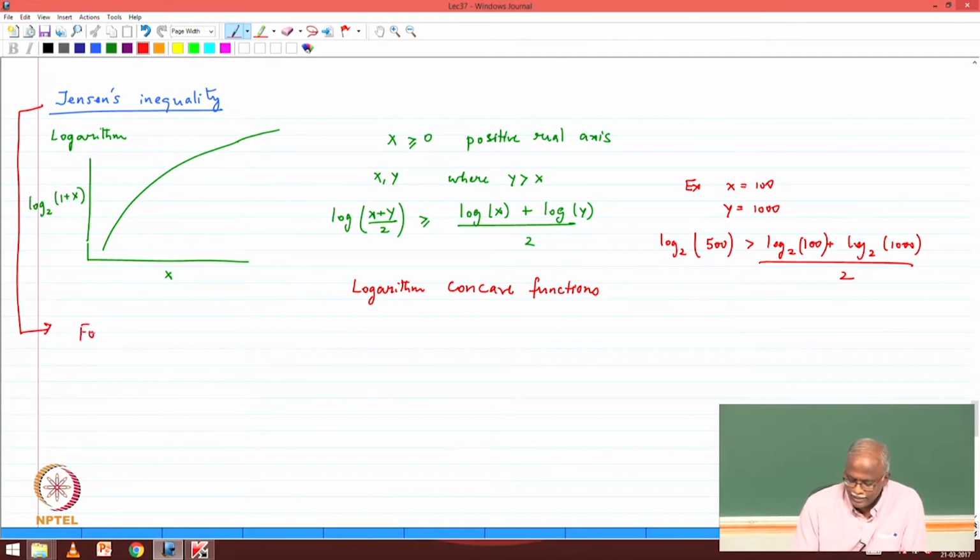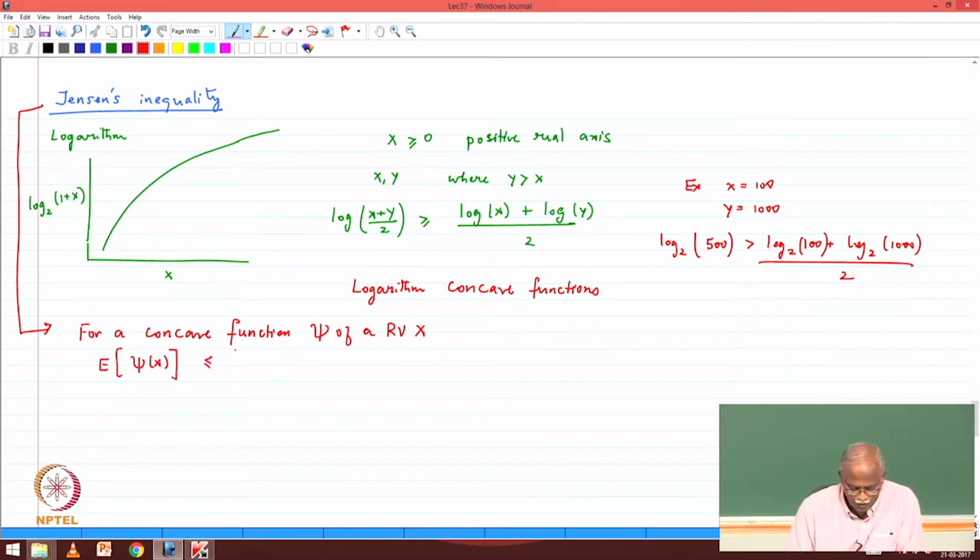Jensen's inequality states that for a concave function, and for us we are specifically interested only in the logarithm because we are looking at capacity, for any concave function psi of a random variable x, the expected value of psi of x is less than or equal to the function of the expected value of the random variable.